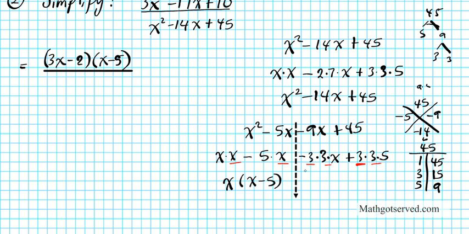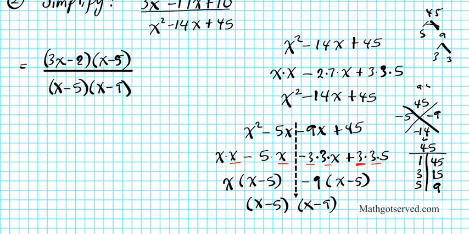Since there's a minus there, we always keep that minus 9, and we'll be left with x. Since we took out a minus, this becomes a minus 5. Bring it together, we have x minus 5 times x minus 9. Okay? So we insert it back into the problem, x minus 5 times x minus 9. Now let's see what cancels out. x minus 5 goes here once, x minus 5 goes here once. So the final answer is going to be 3x minus 2 divided by x minus 9 as your final result. Okay?